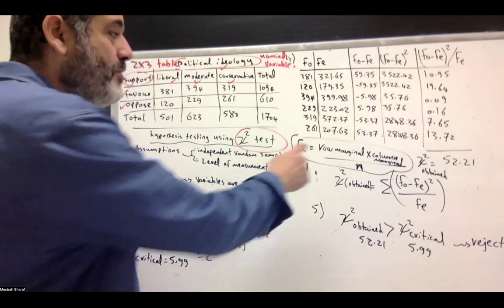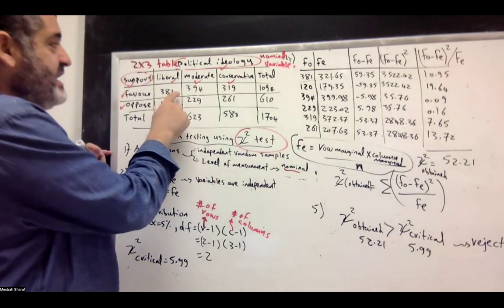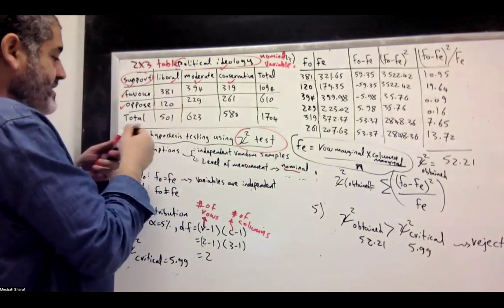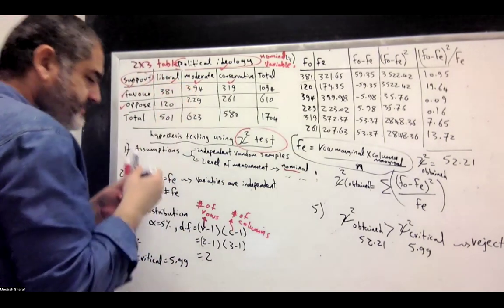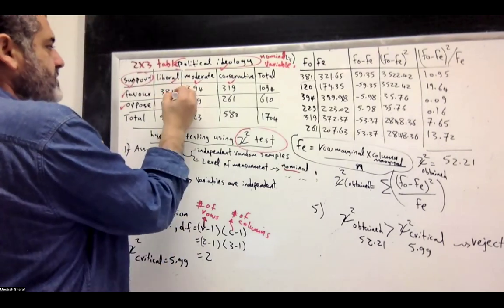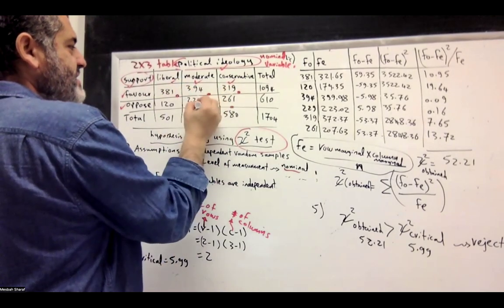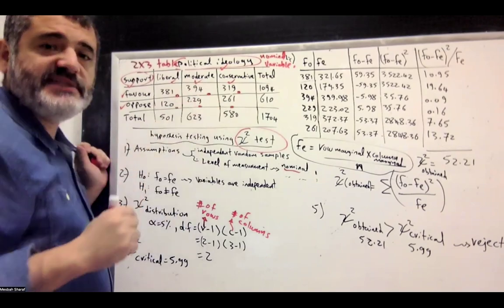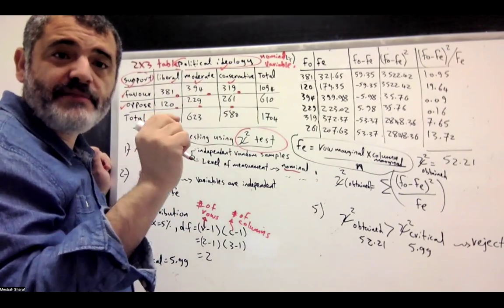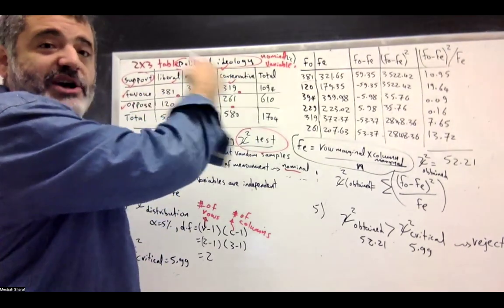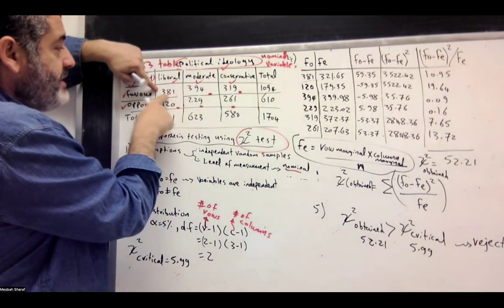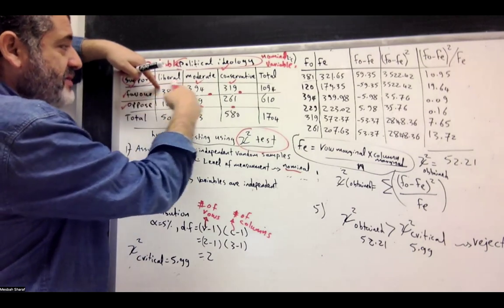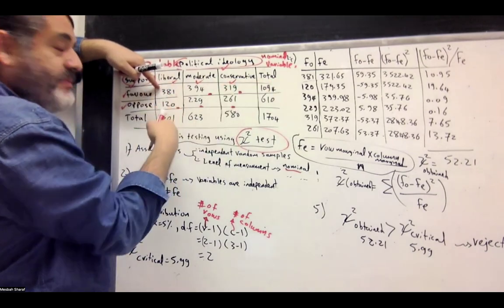So what does it mean, row marginal? As you can see, every cell belongs to a row and a column. So for example, this cell, this 381 belongs to the first row and the first column.